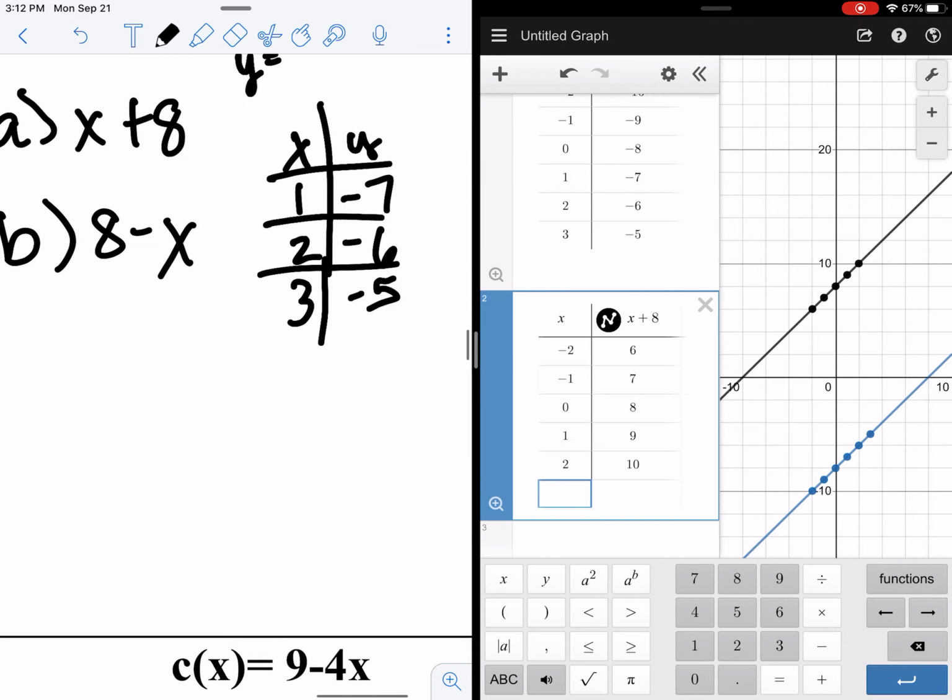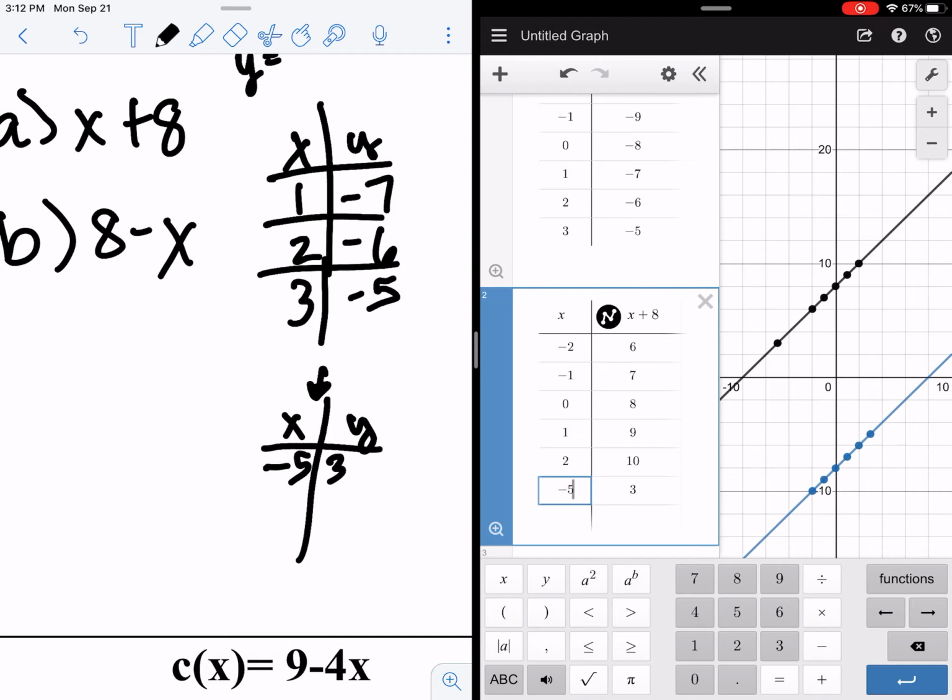But remember, I want to swap x and y. So what I really want to see in my new table is negative 5. When I put in negative 5, I get 3, and I do.